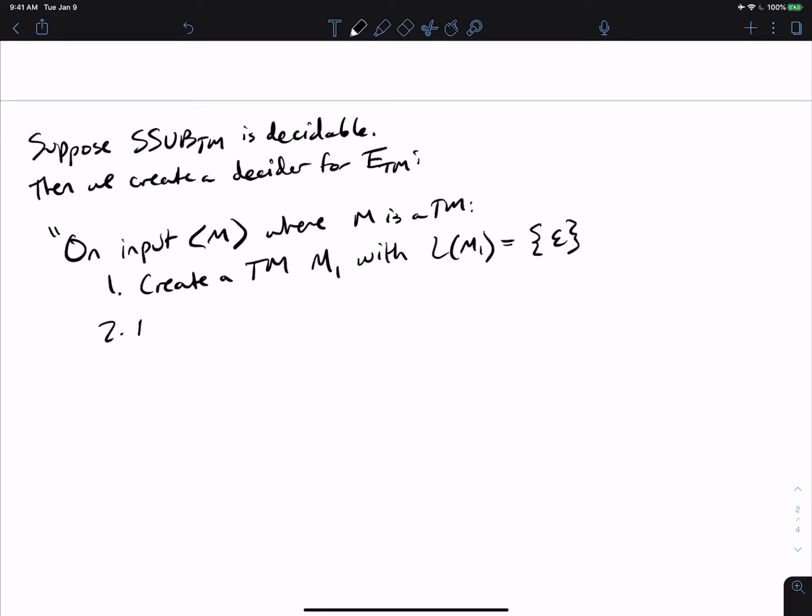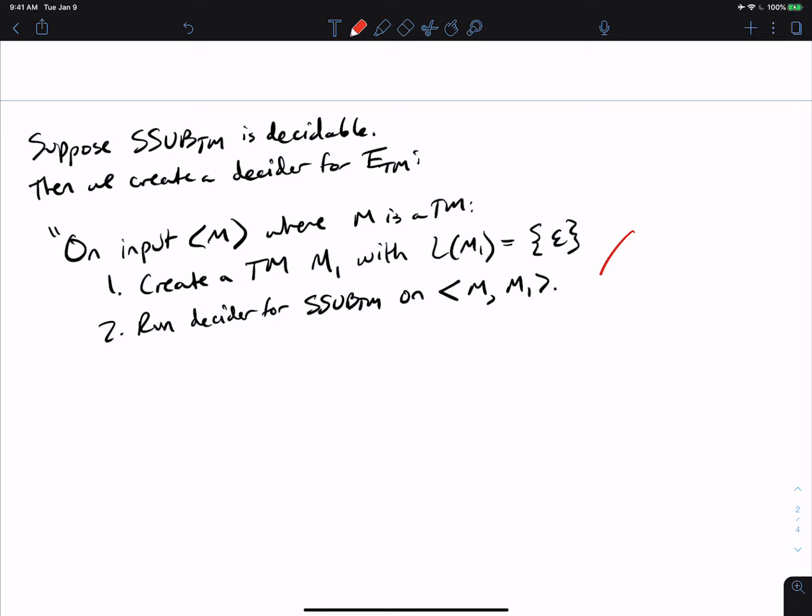So then let's run the decider for SSUBTM on, so the input here has to be the 2 Turing machines that we have, M and M1. But note that the order really does matter here. If I said M then M1, that's good, because this is asking if M's language is a strict subset of this language right here, which is what we want.